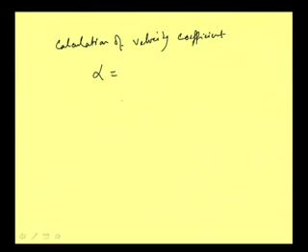You can recall what we discussed in the last class, that we can write it as 1 by A into the integration of u by V average, whole cube, and this integration is over the entire area.